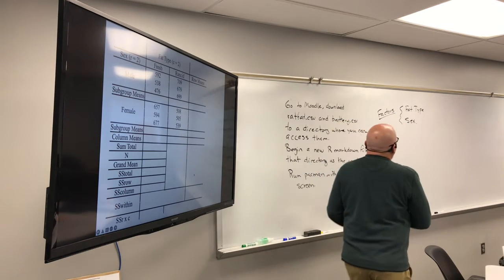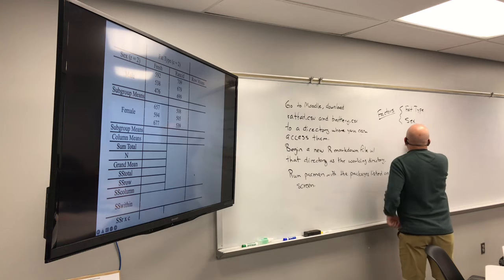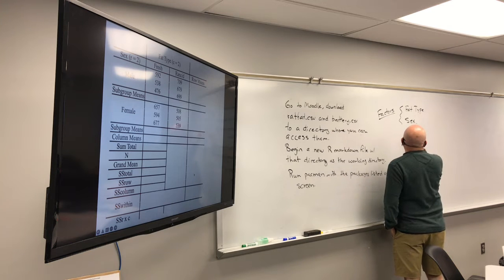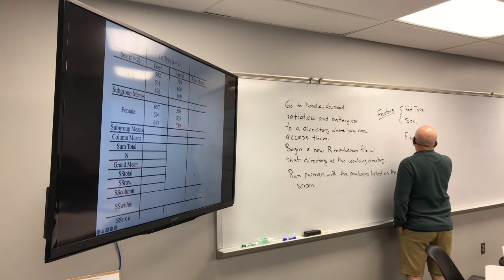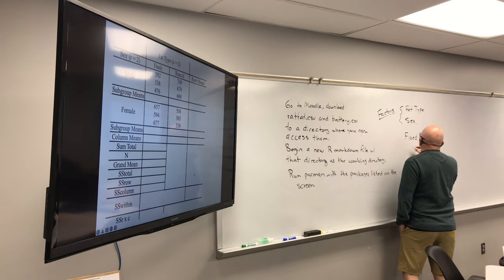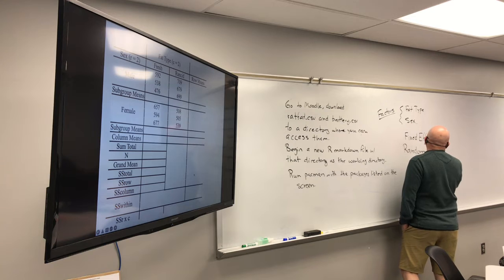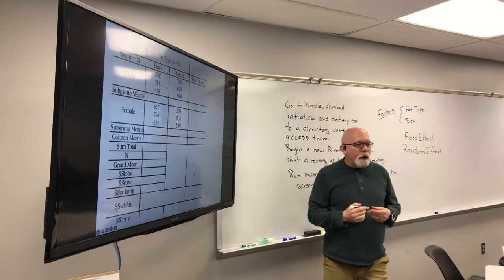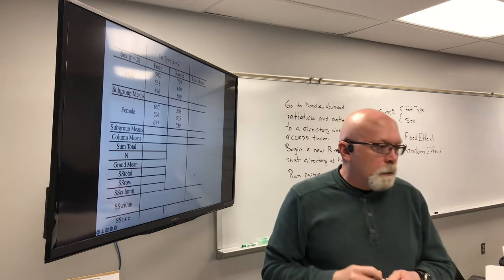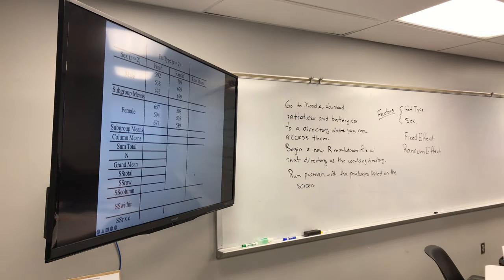So factors can be one of two types. They can be what we call fixed effects factors, or they can be random effects. And this is important because it changes how you calculate the F statistic when you go to test the hypotheses.